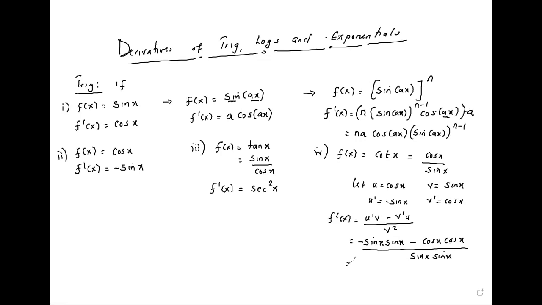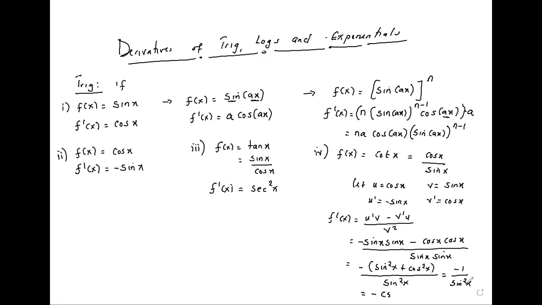But then that is negative sine squared minus cos squared. So if I factor out the minus, I'll have minus, and then the sine squared plus cos squared. And you know why I factored out? Because I'm getting one there. And then this is the sine squared. This is minus 1 over sine squared x. And what is negative 1 over sine squared x?